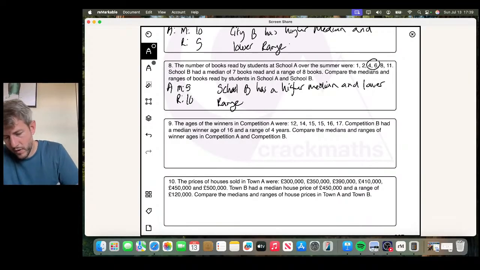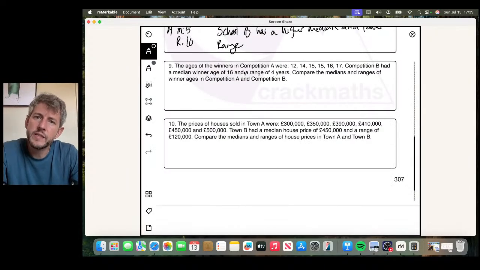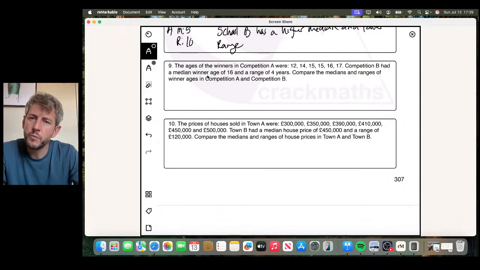Okay, question 9. The ages of winners in competition A were 12, 14, 15, 15, 16, 17. Competition B had a median winner age of 16 and a range of 4 years.